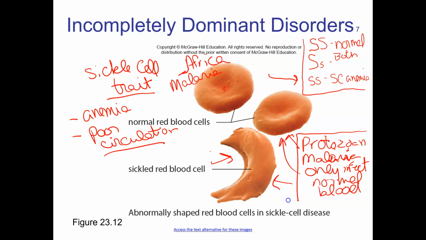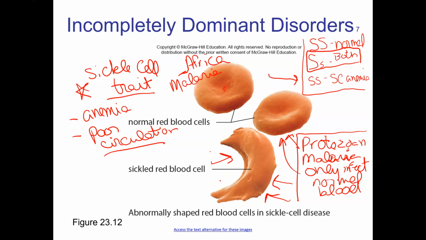But even if you have sickle cell trait, so right here, if you are intermediate, now you still might have a few of those characteristics of sickle cell, but you're not likely to die. But because you have some blood cells that are going to be sickle shaped, you're still going to be immune to malaria. The protozoan will not survive in your blood.